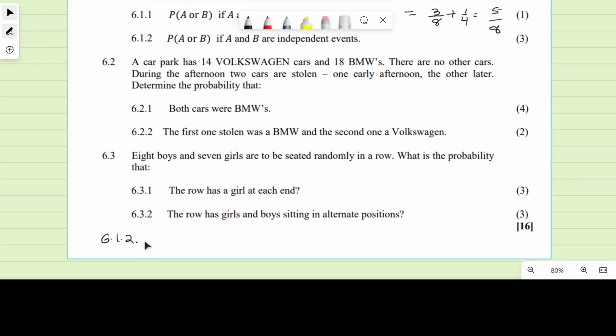So we know that if A and B are independent events, P(A and B) equals P(A) times P(B). That's what you know.